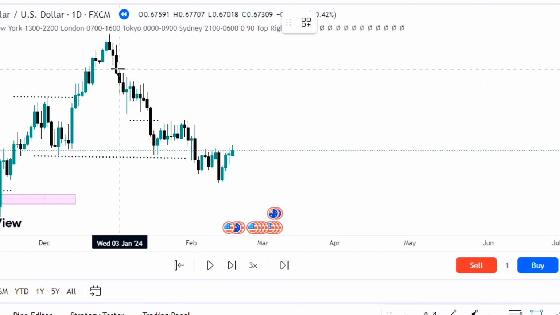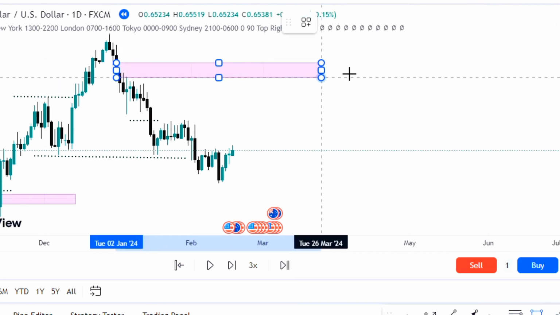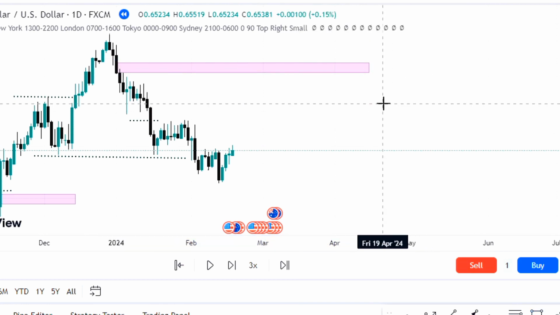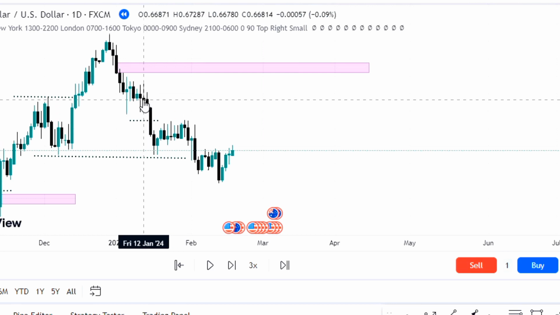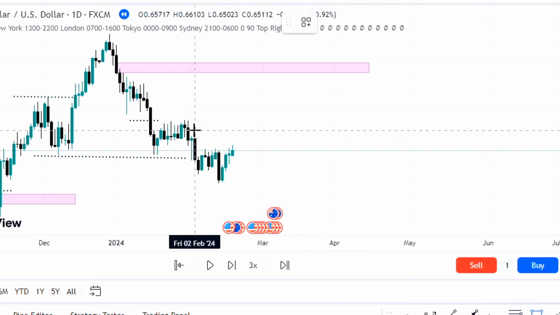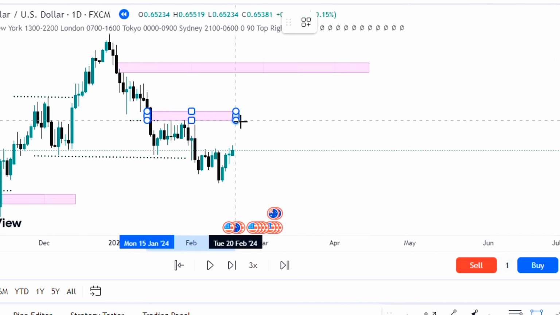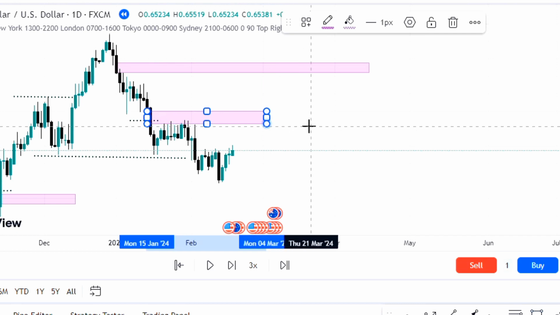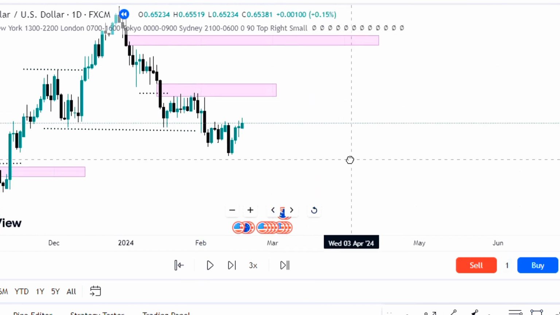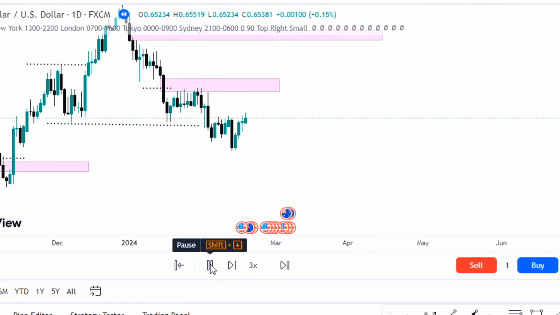So the market has to come up to our premium zones up here. We have that first fair value gap here. Then if you consider this one and this one, this fair value gap is already tested, so the market will not come back up there. Let's just wait for the break of structure and see how the market will move.